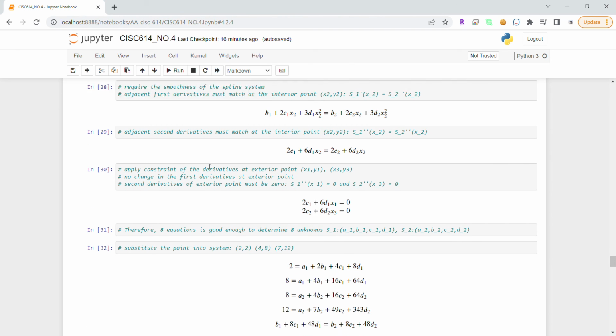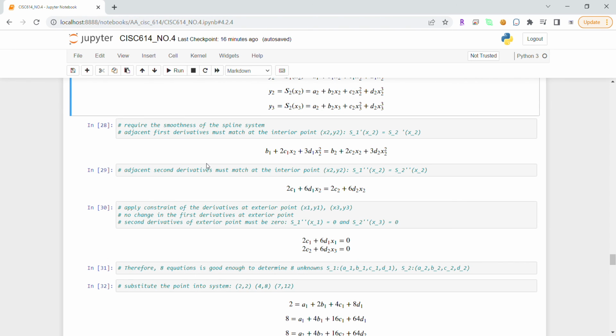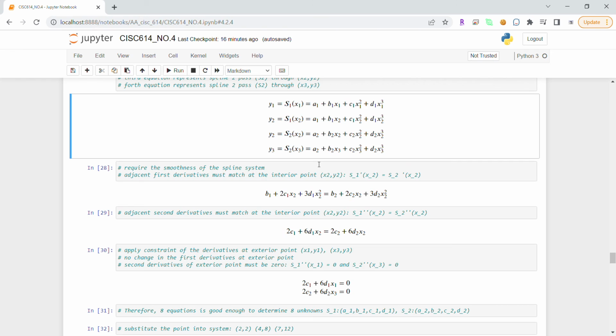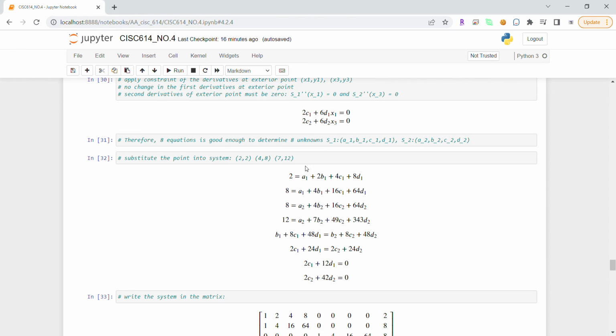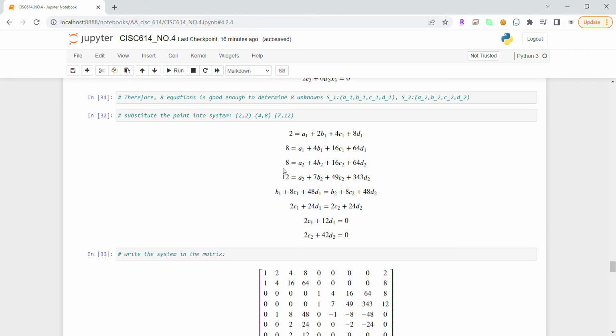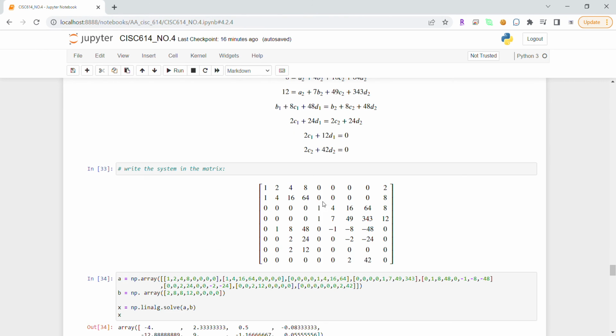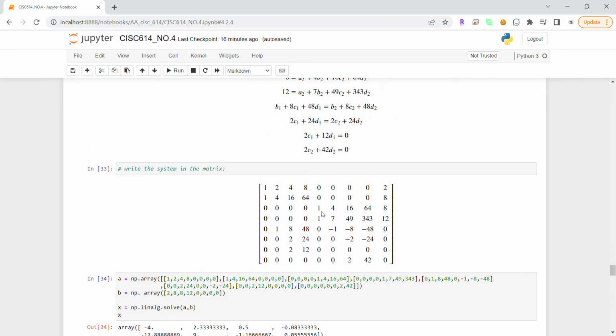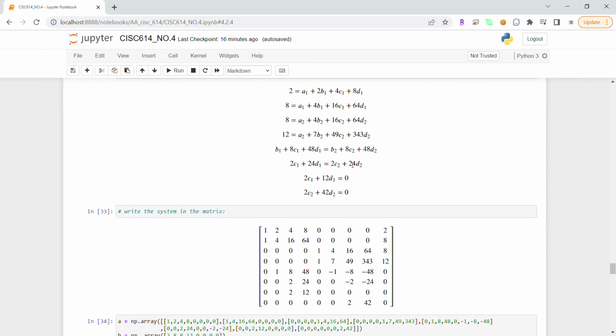For the points we're given, these 3 points, we apply them in the equations we just derived, and then we can rewrite this equation set into a matrix, and then we solve this matrix. The solution of this matrix is the coefficients of the model.